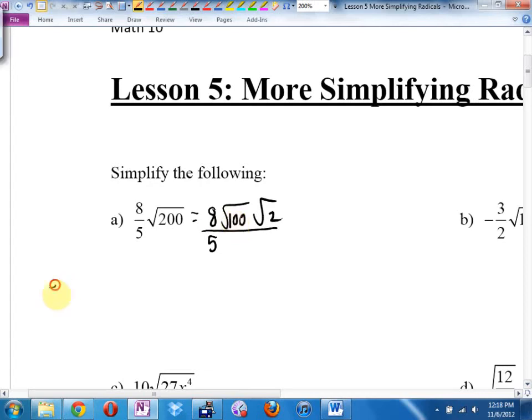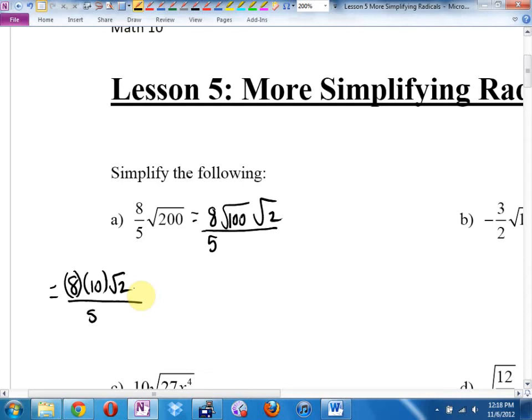What is the square root of 100? 10. So this is really 8 times 10 all over 5 root 2. You okay with that so far, Rachel? We took the 200, we broke it down, and then we said we can take the square root of 100.